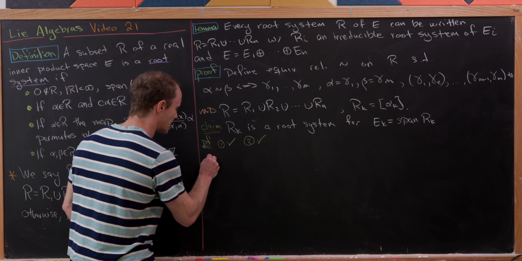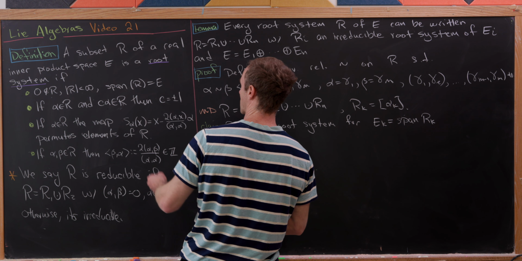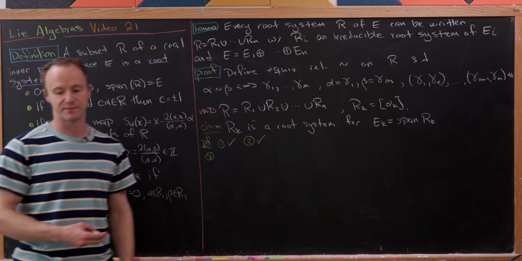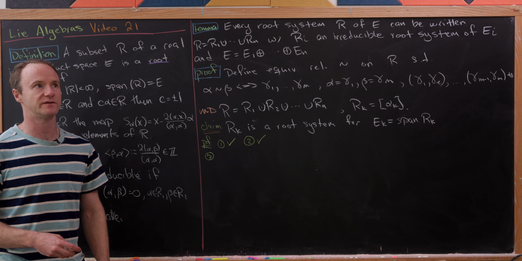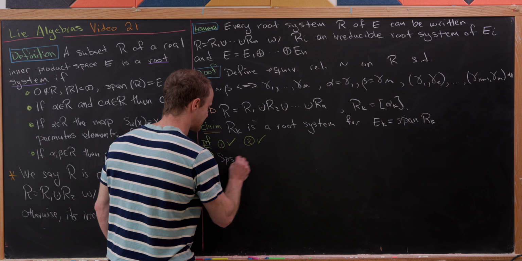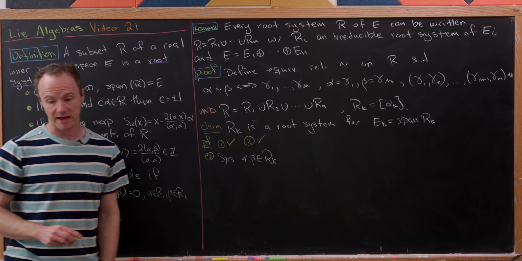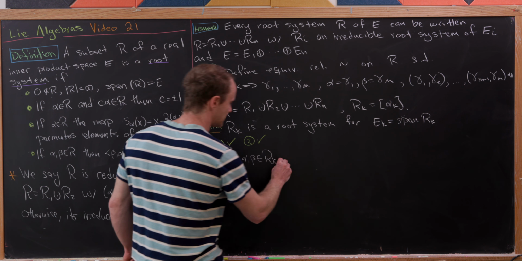Okay, now what about 3, which is this thing about reflections in hyperplanes being permutations of root vectors. Let's see how that might go. Suppose that alpha and beta are in R_k.